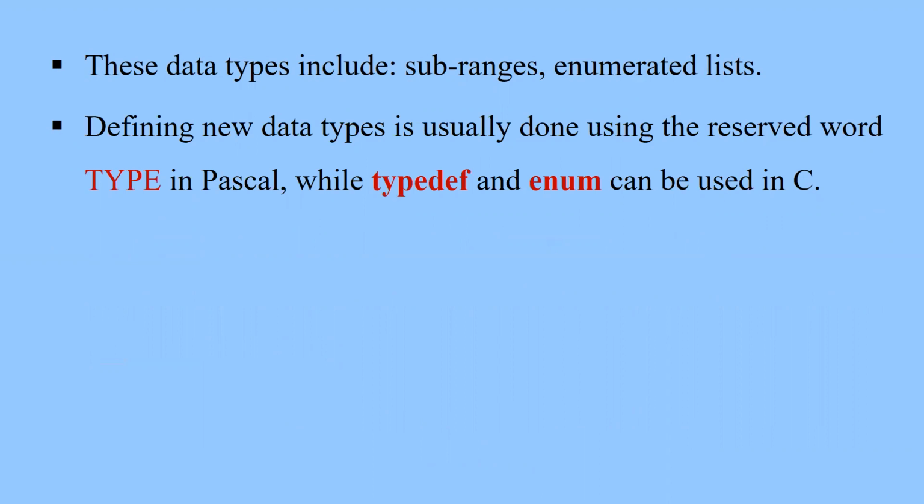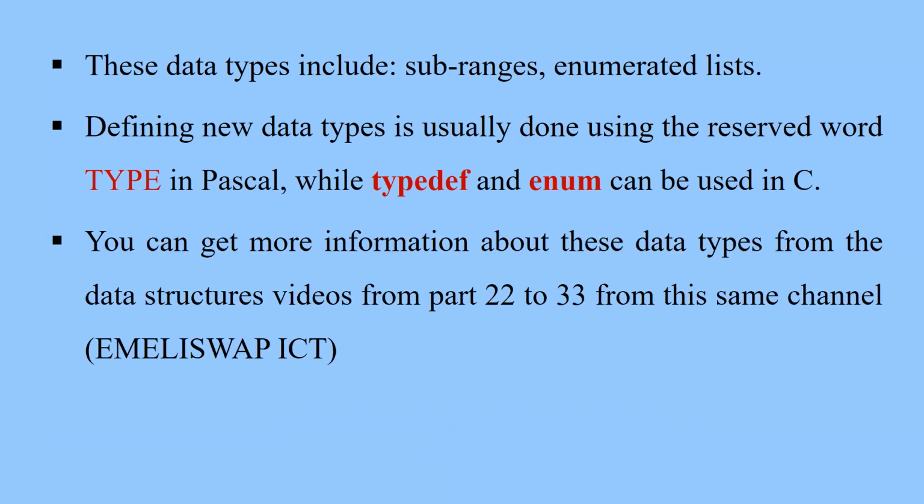Defining new data types is usually done using the reserved word type in Pascal, while typedef and enum can be used in C. You can get more information about these data types from the data structures videos from part 22 to 33 from this same channel, MLSwap ICT.